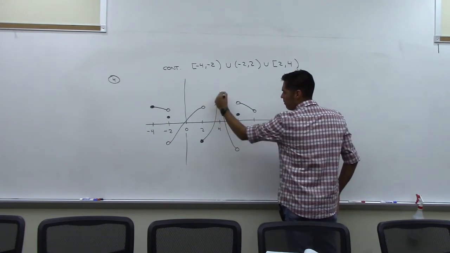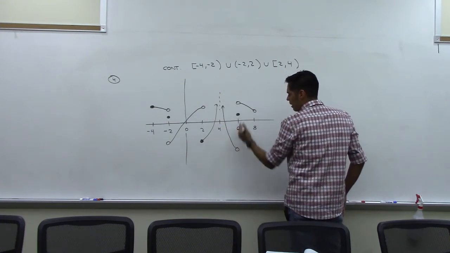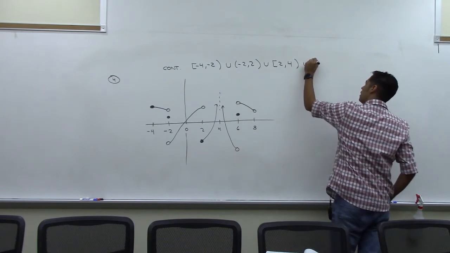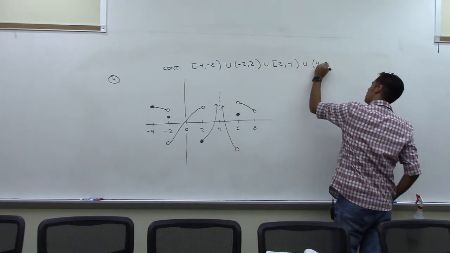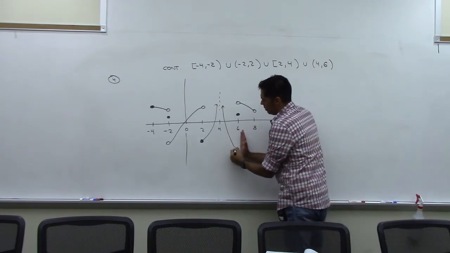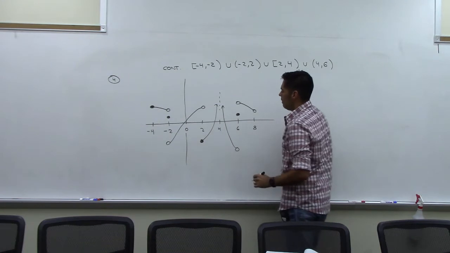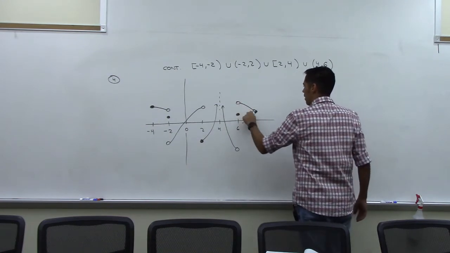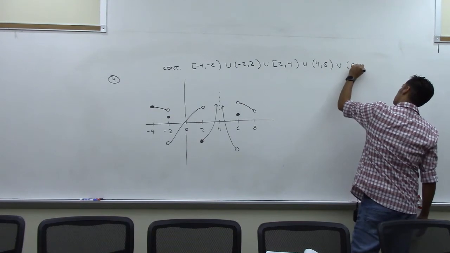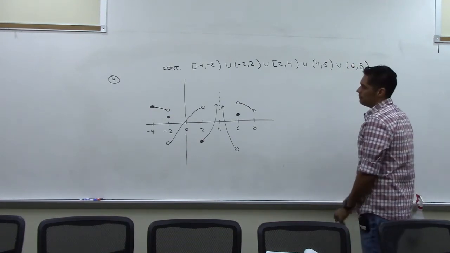To the left of 4, I'm on this curve. I'm drawing it until I get to 6. So I can say 4 to 6, but I can never be 6, because I'm going to come in here. I don't want to be 6, and I can never get to 4. And then from 6 to 8 right here. So 6 to 8, something like that.